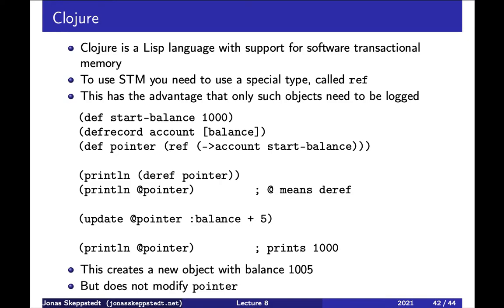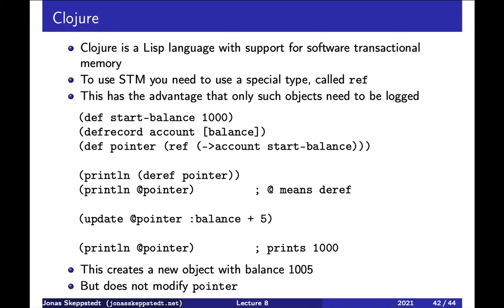And the reason why we can do it in Clojure, but I think it's a bad idea for C or C++ and even Java, is that there are much more strict rules about how pointers or references can be used in Clojure and which types can be modified.